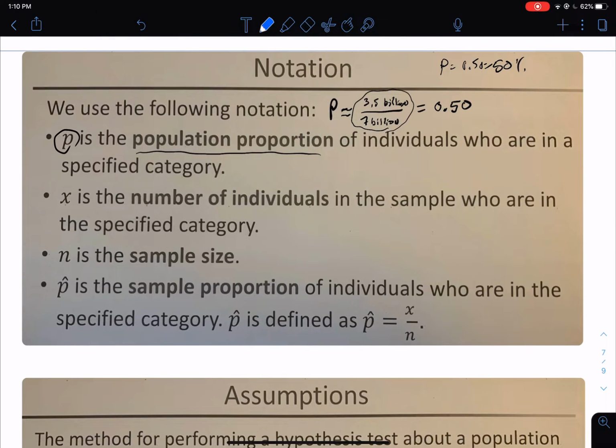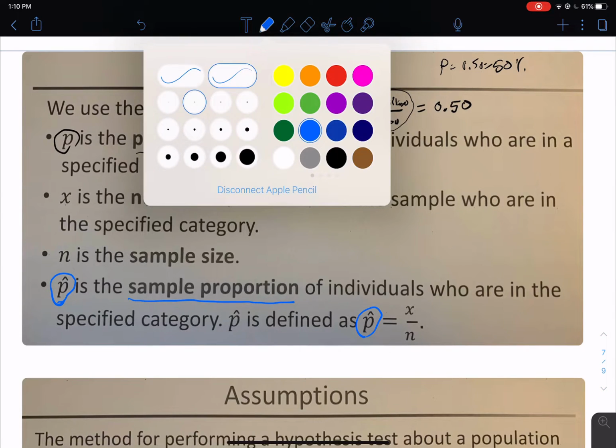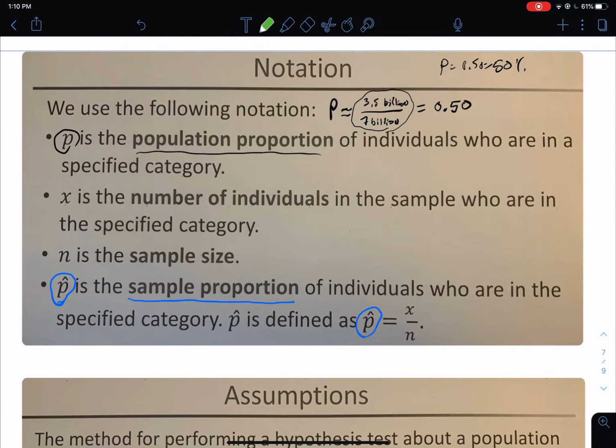Probably the next best thing would be to find p hat. Now, p hat is the sample proportion, so it's still a proportion, but it's of the sample. And how do you come up with the sample proportion? Well, the sample proportion is equal to, let's start with the sample size, n, the size of the sample, and that's the denominator, the total people in the sample.